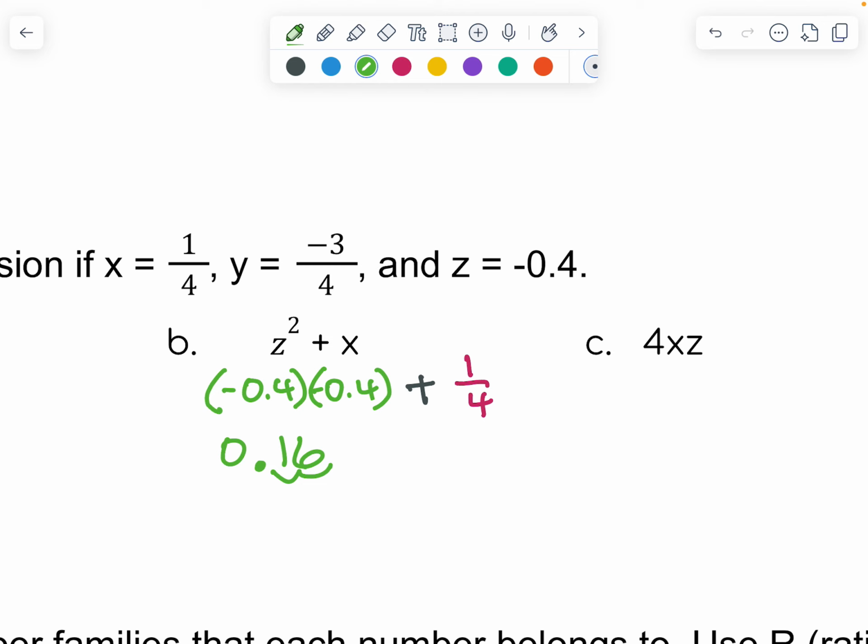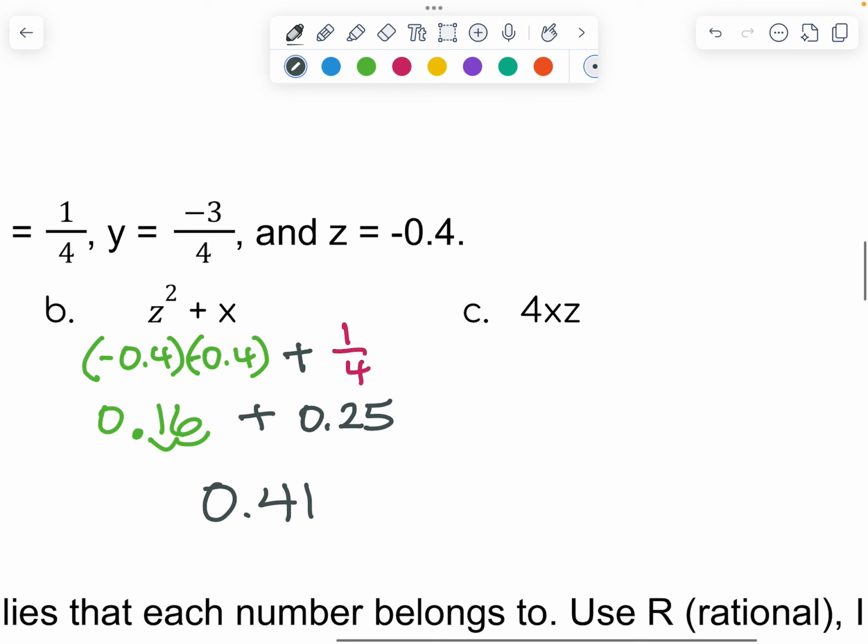Good. So I'm going to add 1/4. Well, I already have a decimal, so why not change 1/4 to 0.25? And then those are both positive. So let's add them together and get 0.41. Nice. All right, last one of these awful problems.